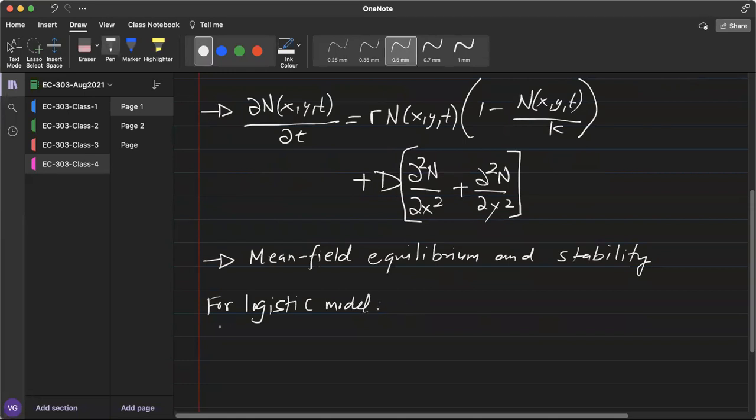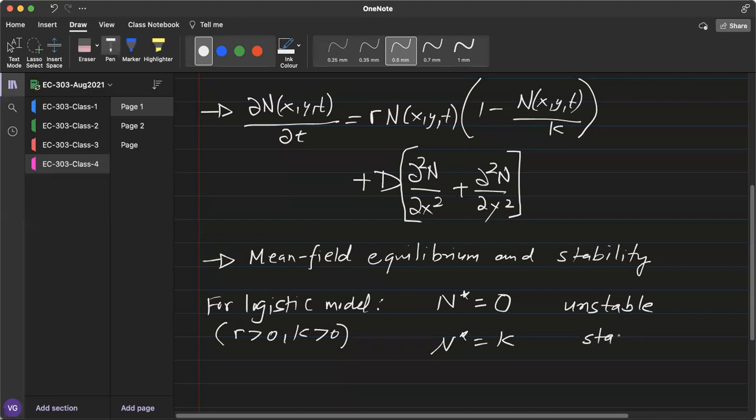Let's assume the case where r is greater than 0, and of course the carrying capacity is greater than 0. So there are 2 equilibria. N star equal to 0, which is unstable, and N star equal to K, which is stable. This is something we already know.